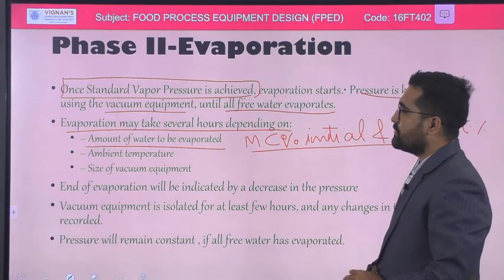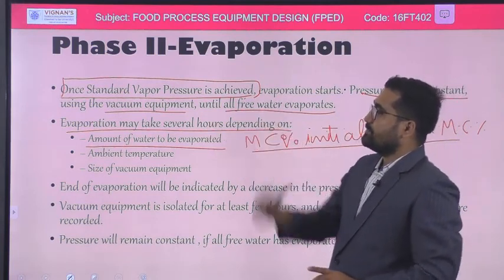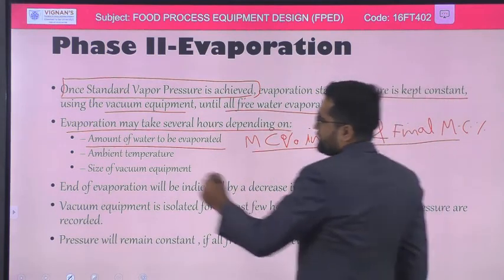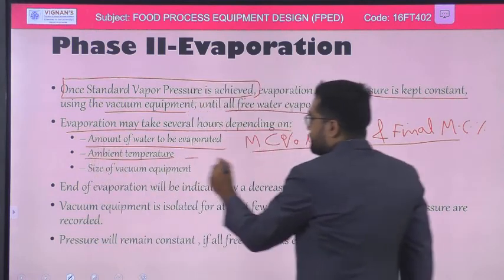The evaporation depends on that. Another is the ambient temperature. What temperature are we dealing with?